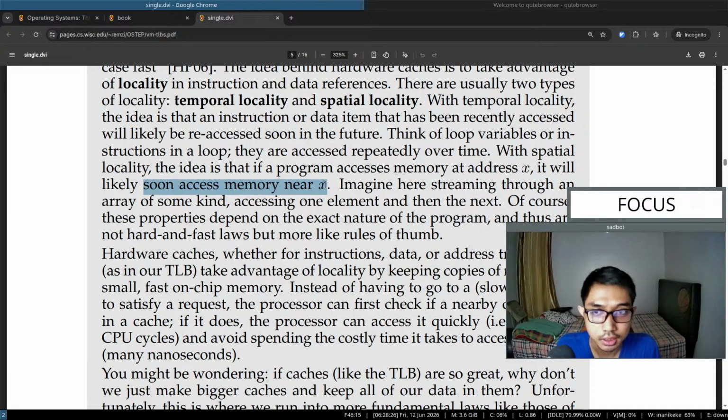Saving the memory at the memory addresses near the accessed address. Maybe something like that. So we are not only saving the currently accessed memory address, but also the memory addresses near it.